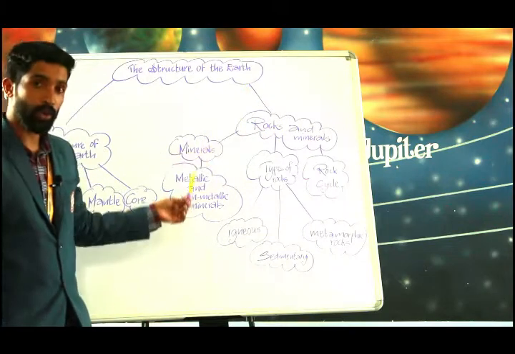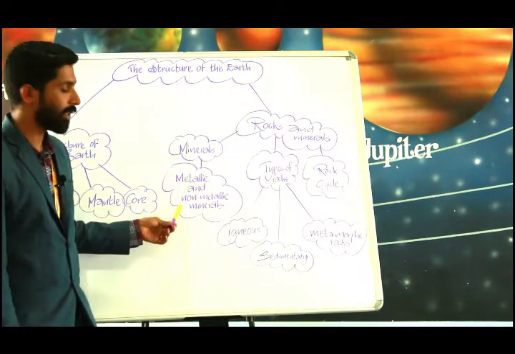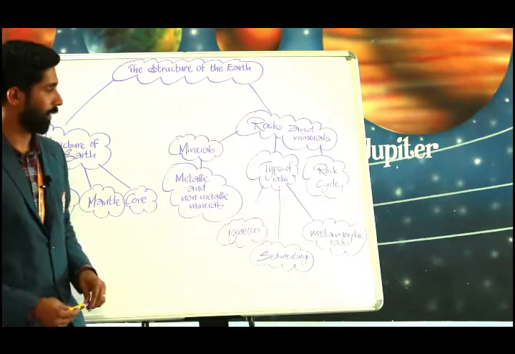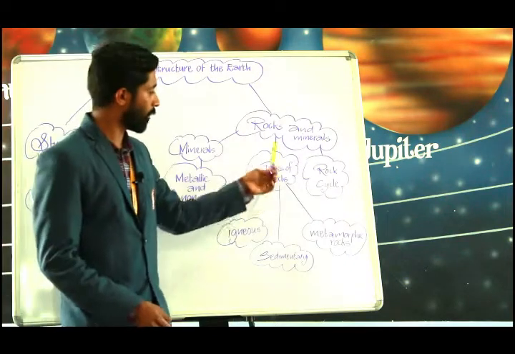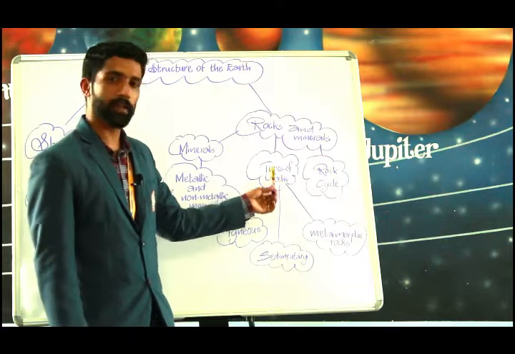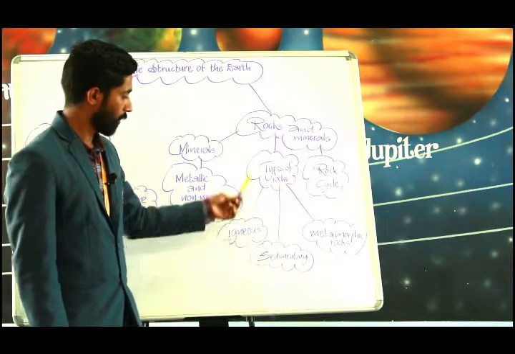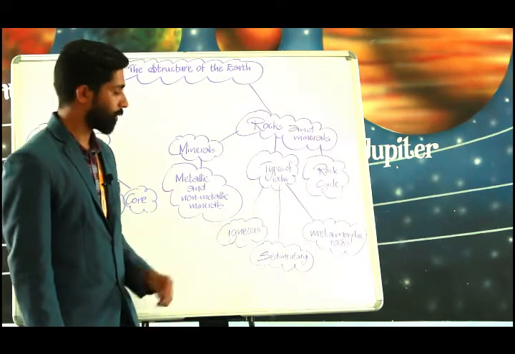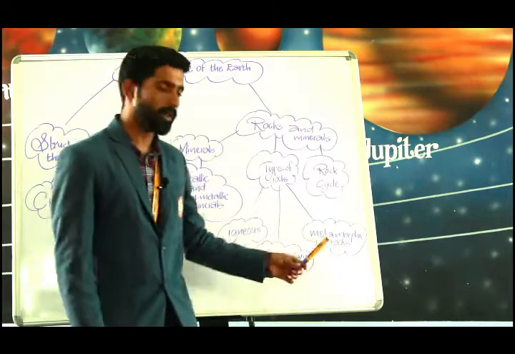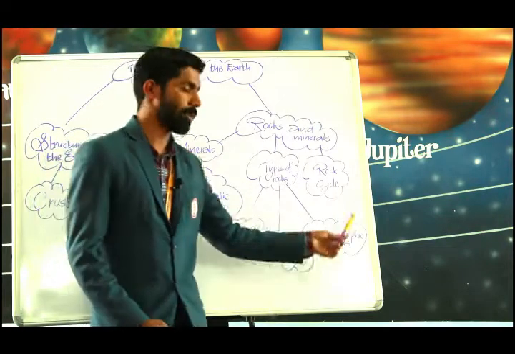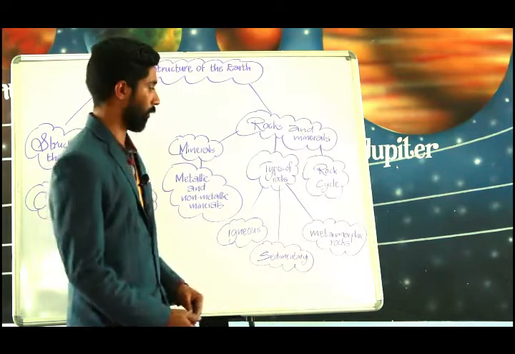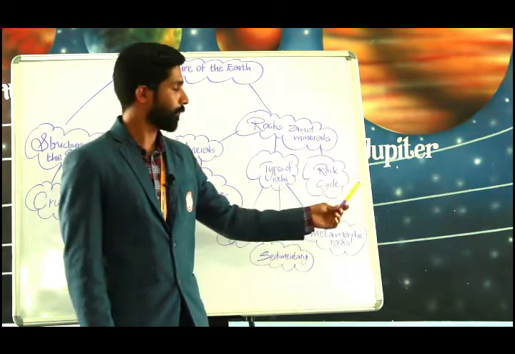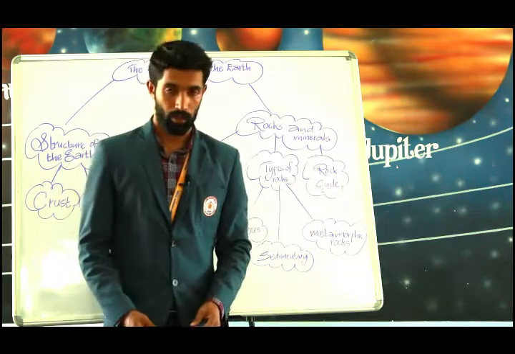Minerals are of 2 types, metallic and non-metallic minerals. Then we learned about the different types of rocks. The first one is igneous rocks, then sedimentary rocks, then the third one is metamorphic rocks. And at the end, we learned about the rock cycle.